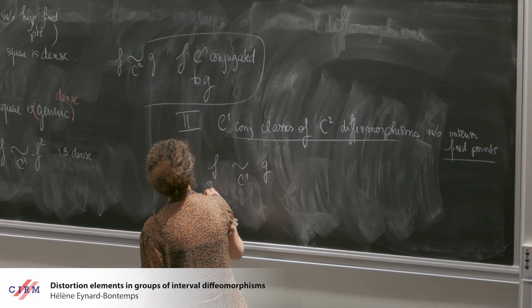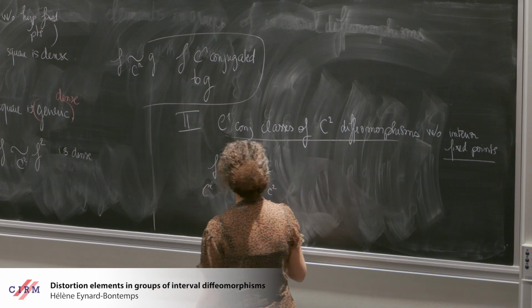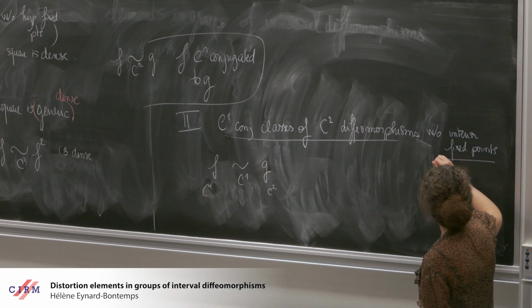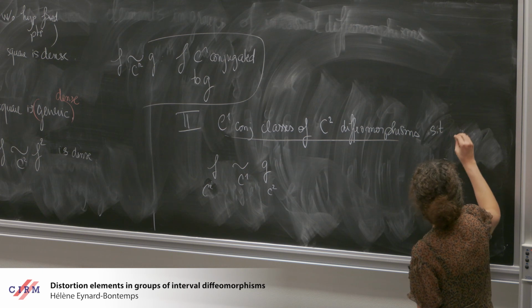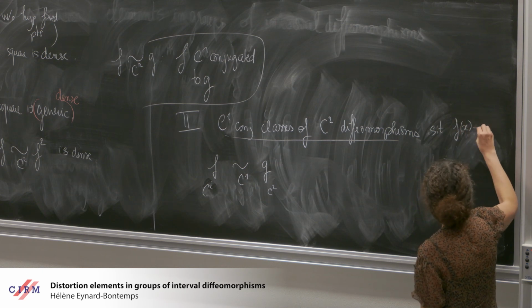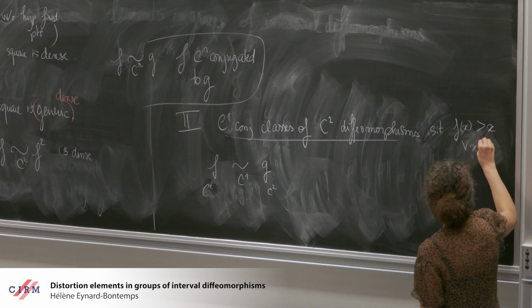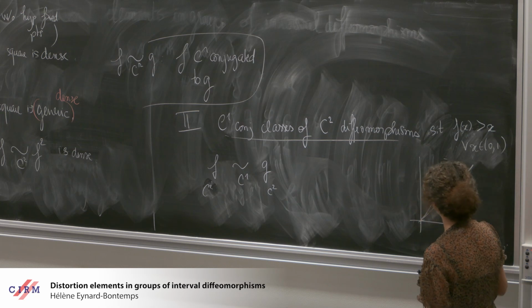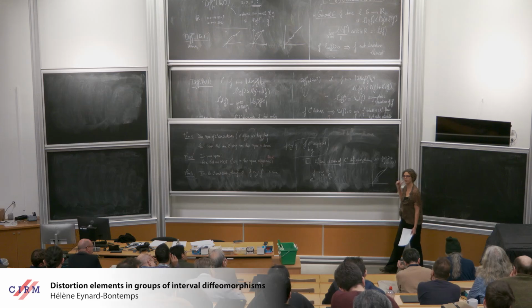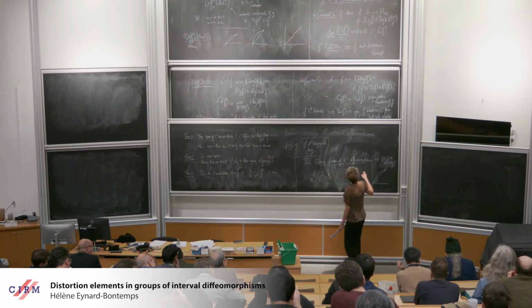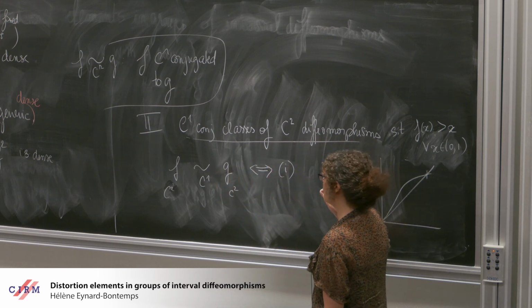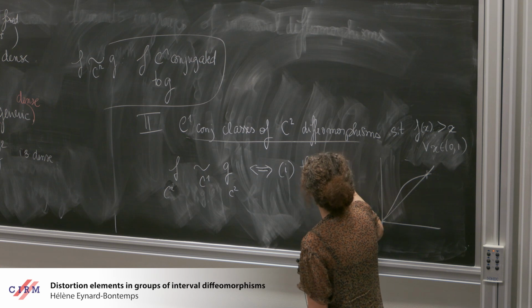Basically, if f and g are C2 and have no interior fixed points, and, to fix the ideas, are above the diagonal, pushing everything to the right, then any two such C2 diffeomorphisms are C1 conjugated if and only if, first, the obvious necessary condition, they are locally conjugated near 0 and 1.